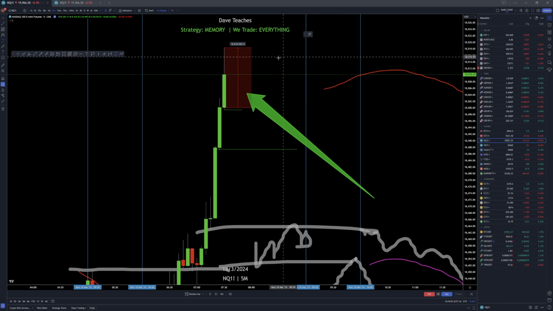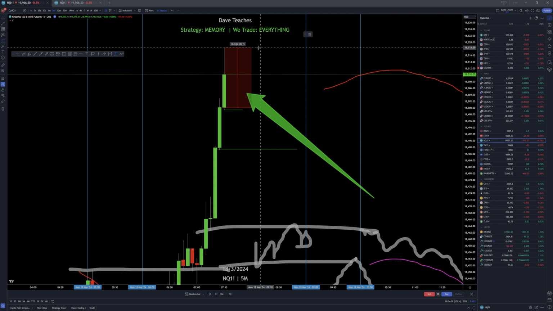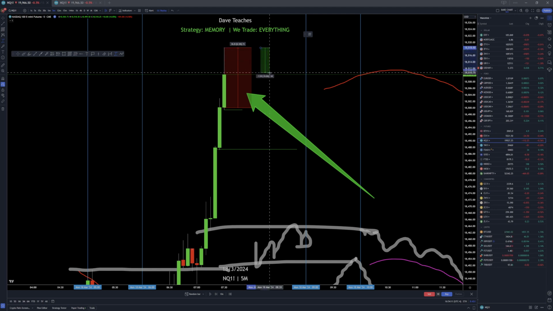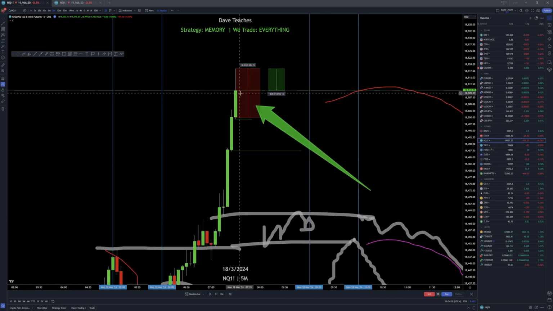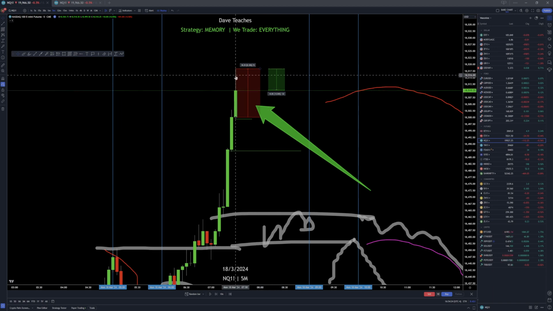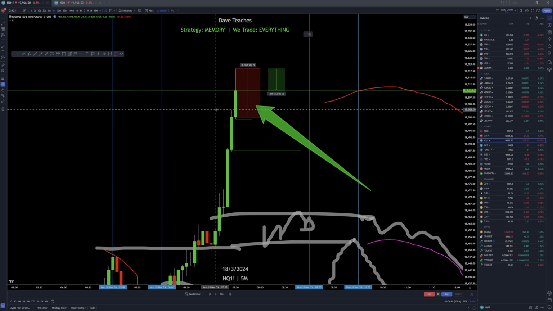But what a lot of people don't realize is that when we close this candle, they shaved off about 8 points from that candle as we went down. Now let's look at the candles prior to it.